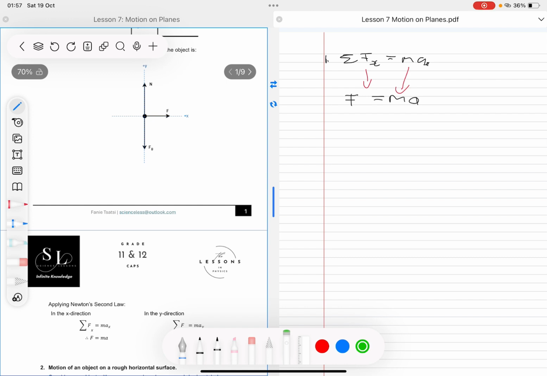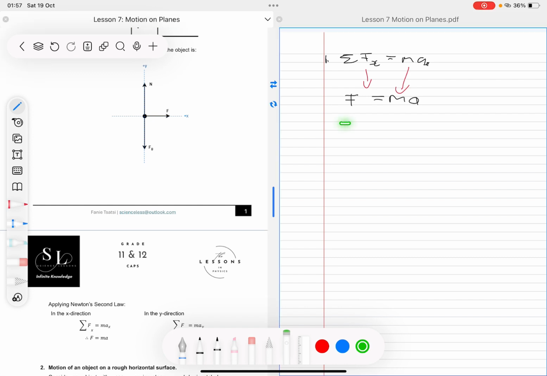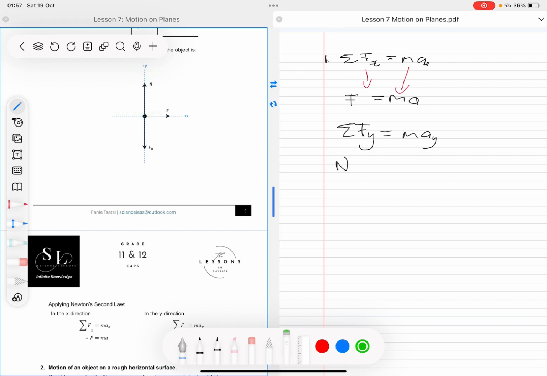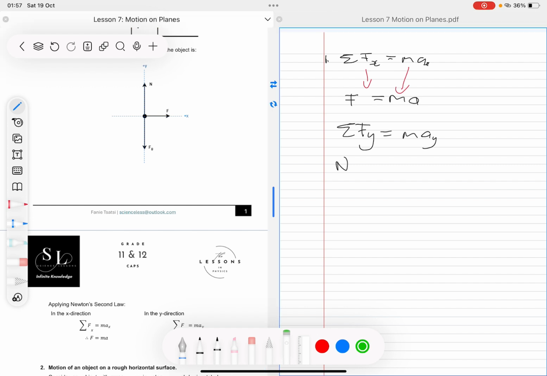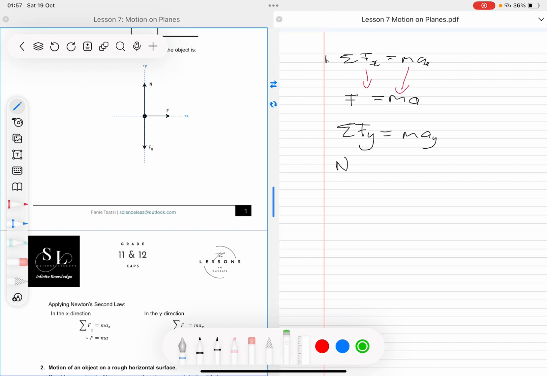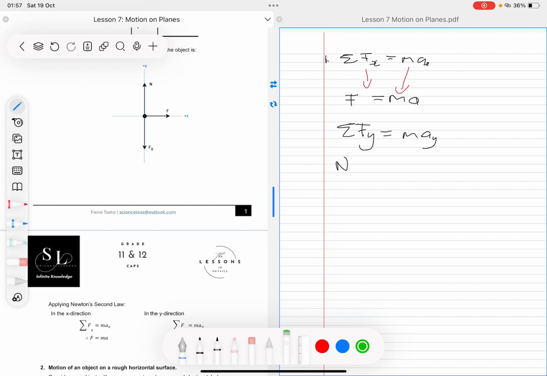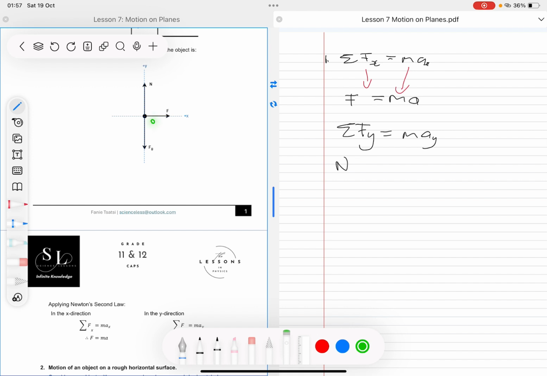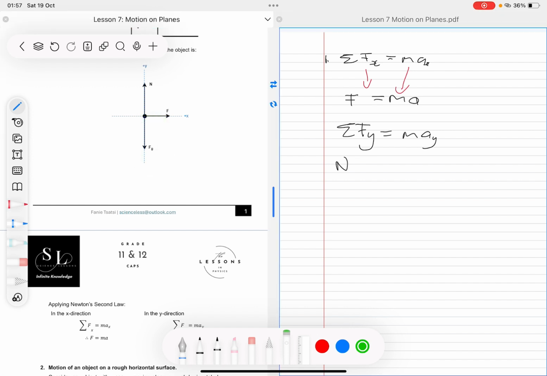And you will do the same for the forces in the y direction. You look at the y component and you will say the net force is equal to mass times the acceleration in the y. Now, in this case, you will see that in the y, I'll have the normal force, which is this force here going upwards in the positive direction. Then I'll have a plus and minus Fg, right? Why? Because this force is going in the negative direction.